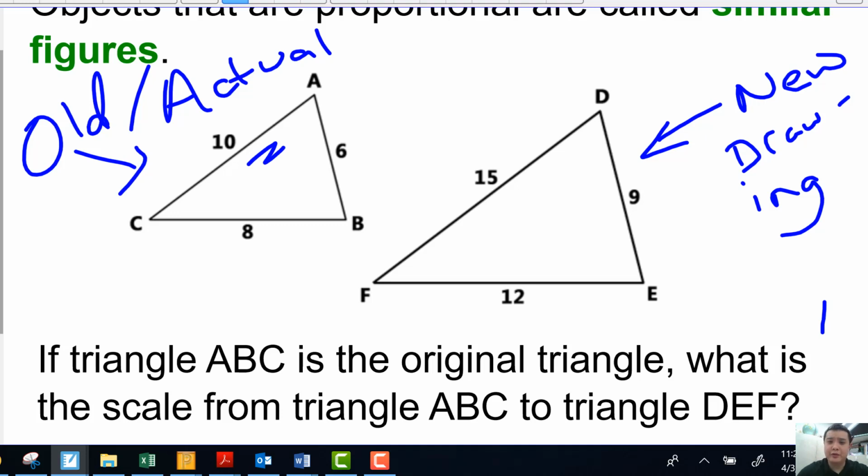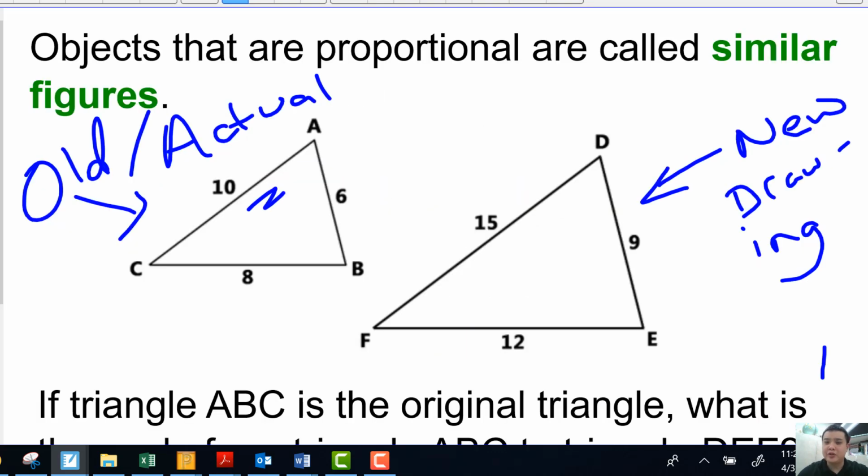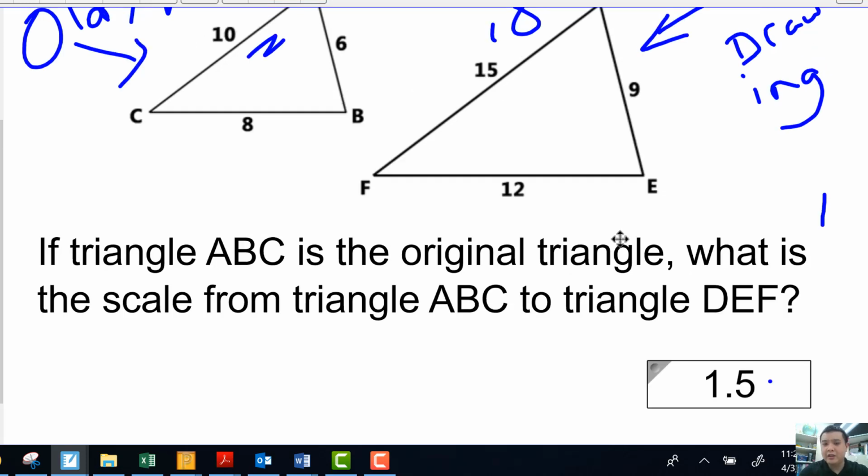The answer is we find it by finding the size of the drawing over the size of the actual object. So over here, we could use 15 divided by 10. That gets us a factor, or the scale, of 1.5. So we take the drawing length divided by its similar other length.